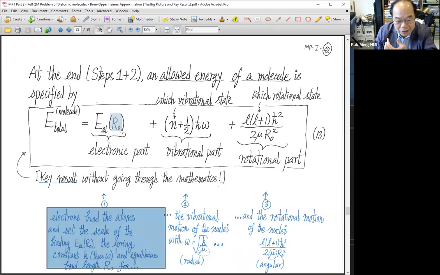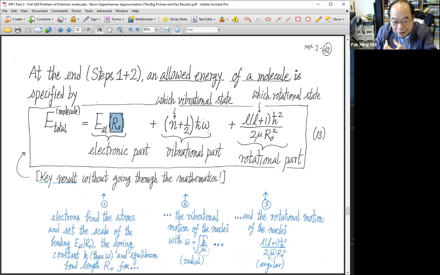So you have all this thing here, and then you have a H bar omega here, which is K over mu. But the K is set by the electrons, okay? And then comes to this term, for the vibrational motion of the nuclei using this particular angular frequency, that has to do with the steepness of the bond related to the electrons, okay?